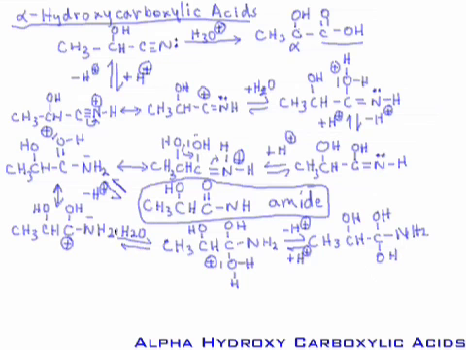And of course this was plus H2O, so there would be a minus H2O going back. So now, if we add a proton to the nitrogen, we could turn the NH2 group into a fairly decent leaving group, an NH3+.